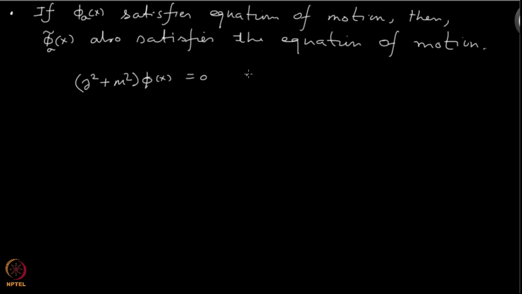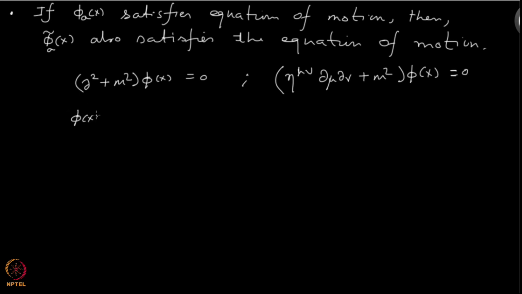Or I can write it with the indices like eta mu nu del mu del nu plus m square, that's the operator del square plus m square. Now let's take a field configuration which you know satisfies this. Later I will anyway give you an argument in general, but let's choose one particular solution.